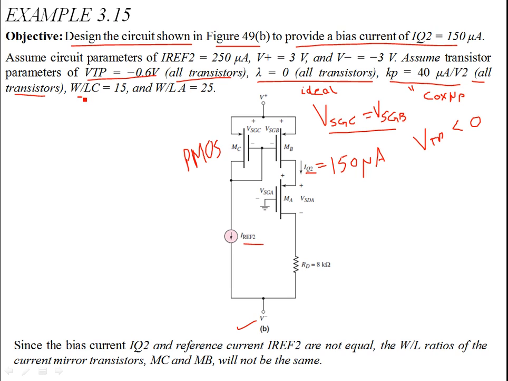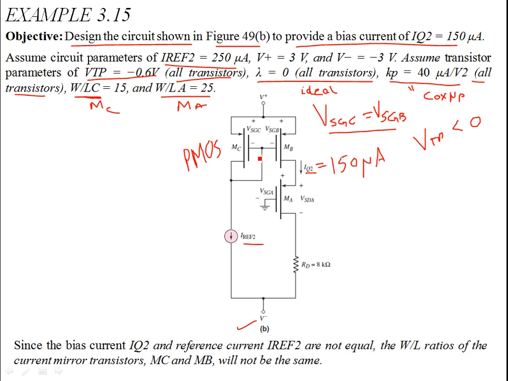But the width to length geometrical ratio of the channel is different for transistor MC and transistor MB.